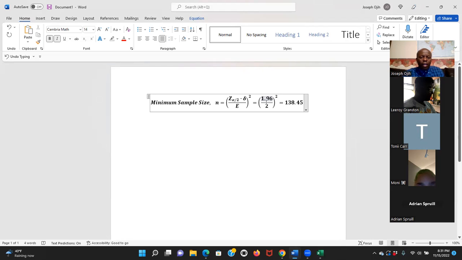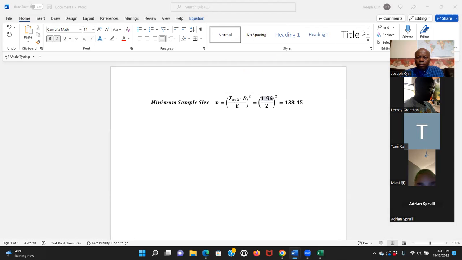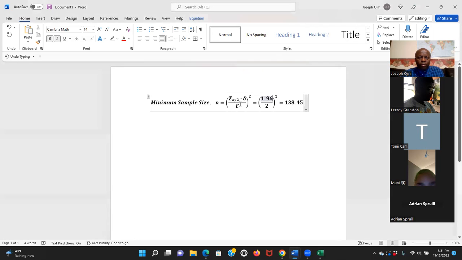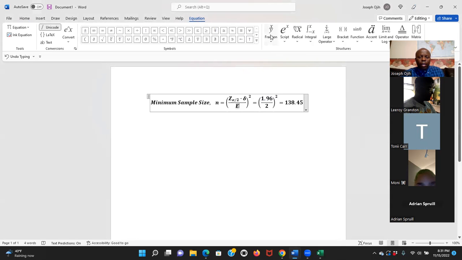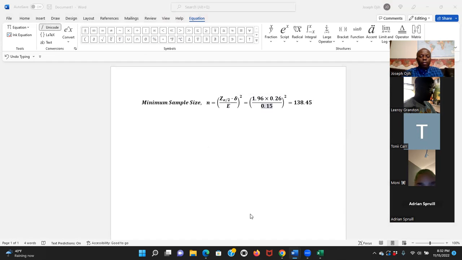It's hidden here. Okay, times standard deviation of 0.26, divided by error of 0.15, squared.